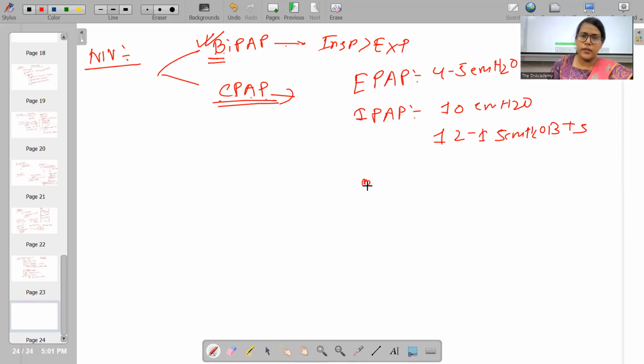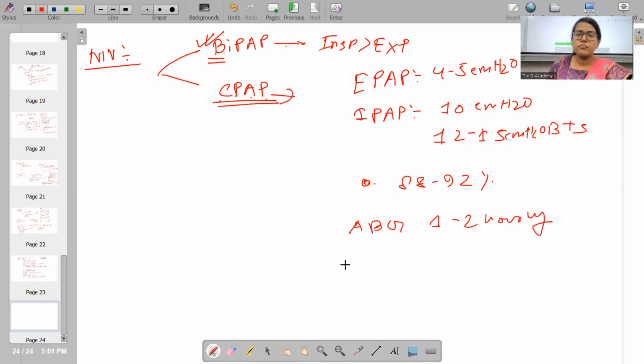Oxygen saturation should be 88 to 92%, because we do not want hypercapnia to take place. ABG should be repeated every 1 or 2 hours. FiO2, the fraction of inspired oxygen, should not be more than 40%, okay? And this is literally information you have to cram because there is no other way around.